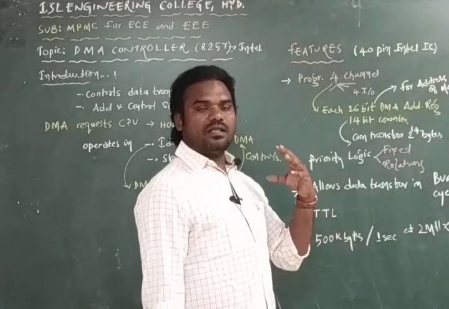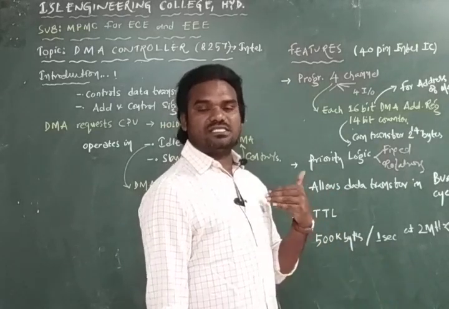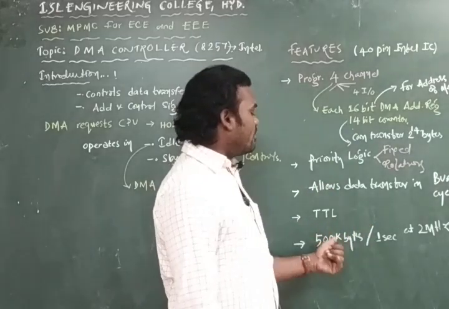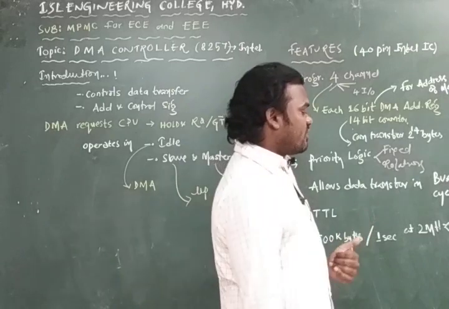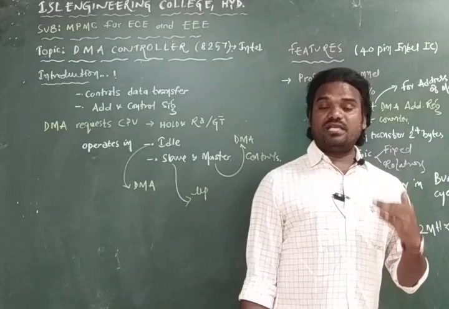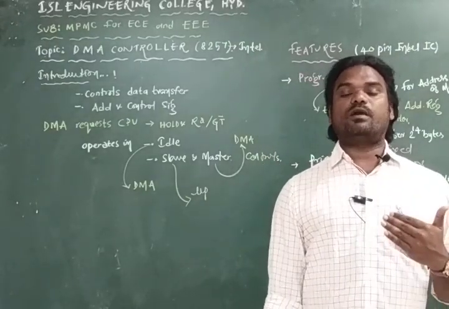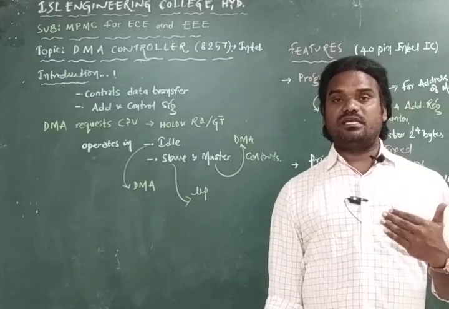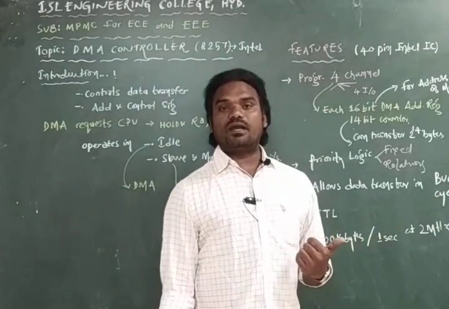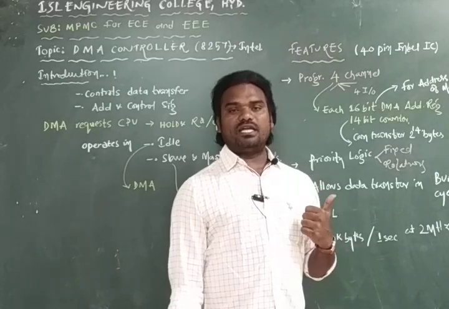That means the DMA controller will give the system bus to the input output devices to access the data from the memory or into the memory at a rate of 500 kilobytes in 1 second at an input clock frequency of 2 megahertz, whereas the clock frequency of the 8085 and 8086 microprocessors is about 5 megahertz, while here the 8257 DMA controller operates at an input clock frequency of about 2 megahertz.